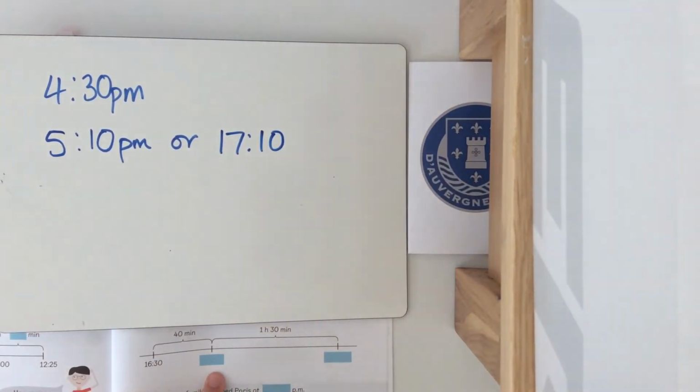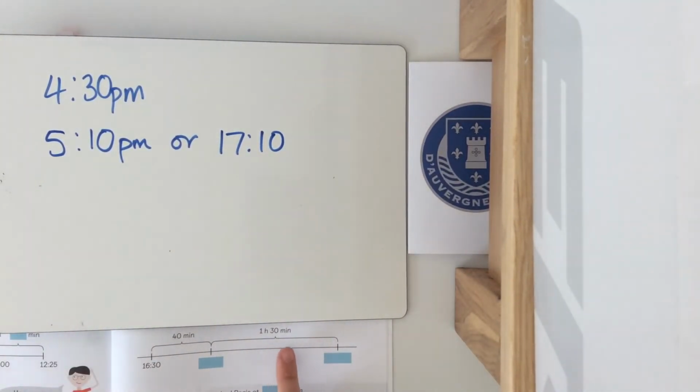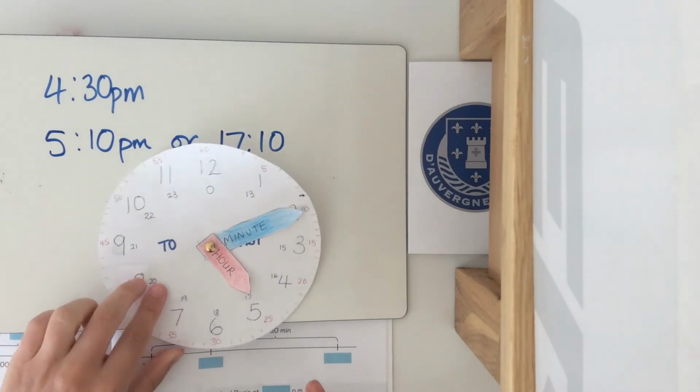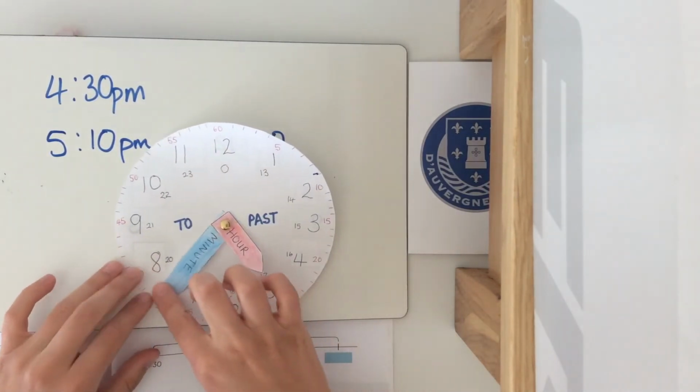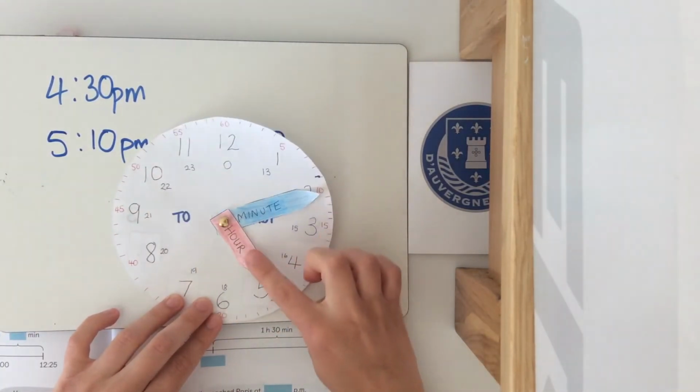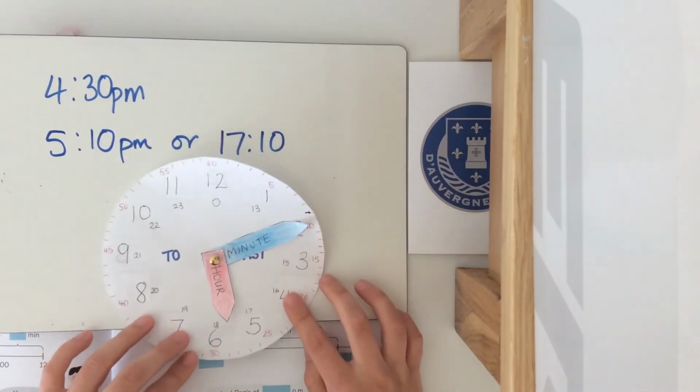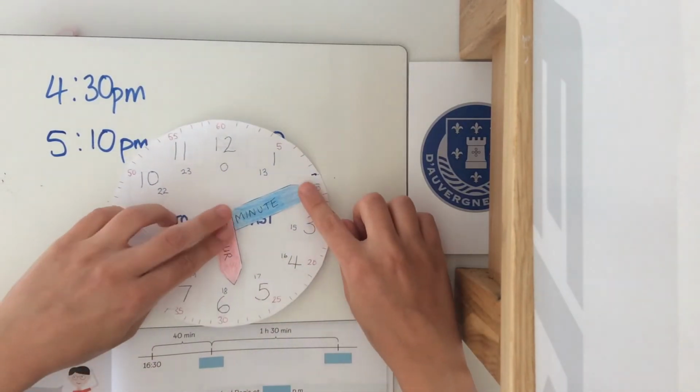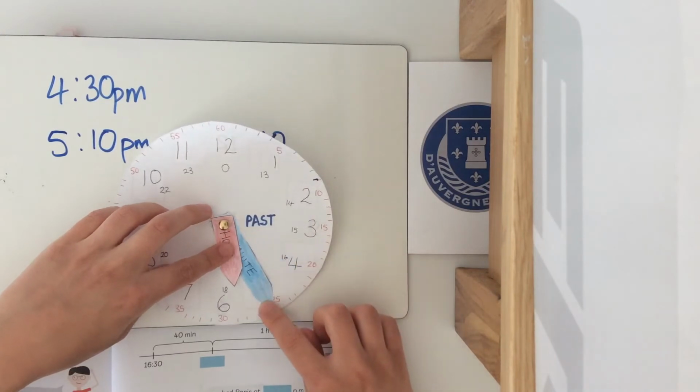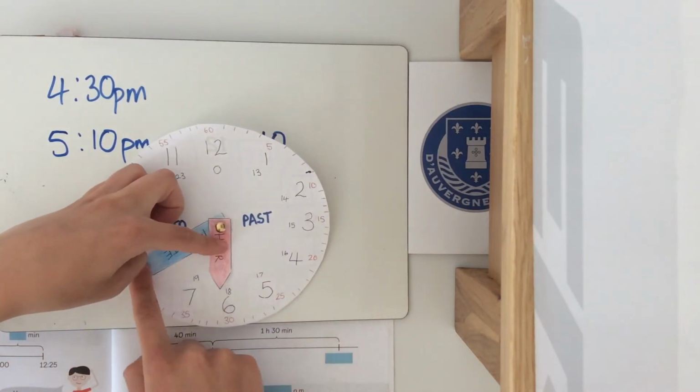17:10. Okay, now we need to add an hour and 30 minutes to 17:10. So add an hour would take us to 10 past 6. And 30 minutes, 5, 10, 15, 20, 25, 30.